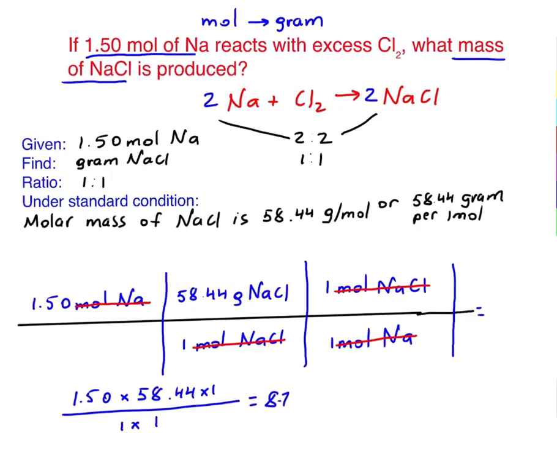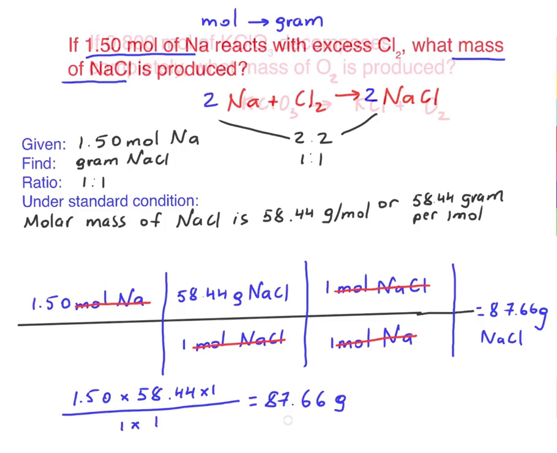And when you solve for it, you should be able to get 87.66. And now it's gram, because pay attention, the only unit that didn't cancel is gram. So your answer will be 87.66 gram of sodium chloride, because that's what you need to find, the mass of sodium chloride.